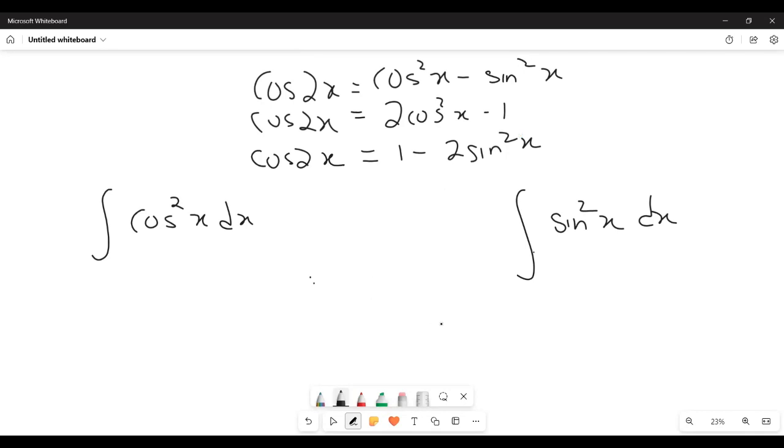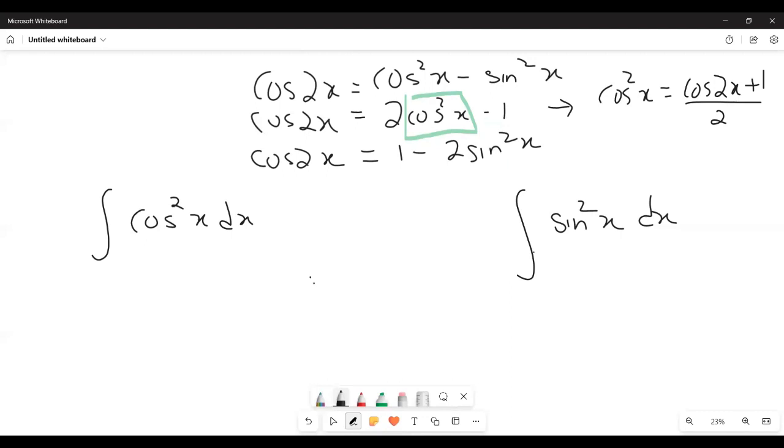अब हम क्या करेंगे कि हम यहाँ से ना cos square x को सब्जेक्ट बना देते हैं. If we make cos square x the subject, we get cos 2x plus 1 upon 2.